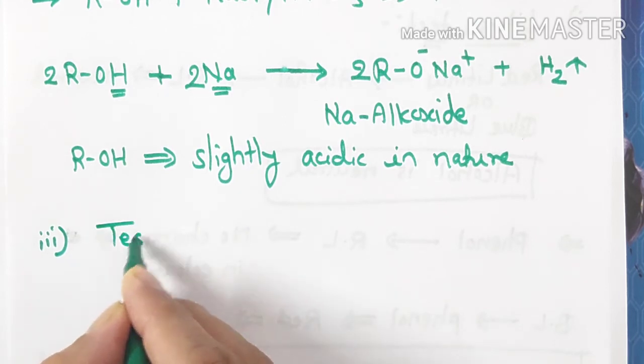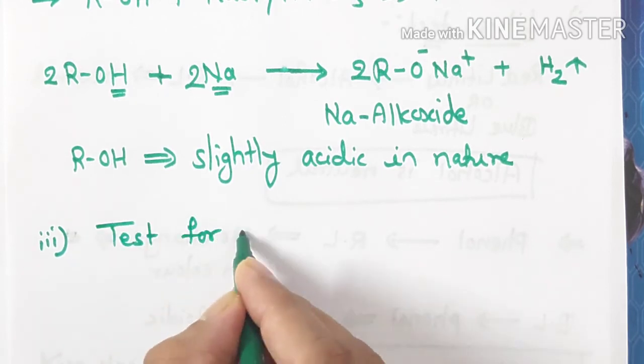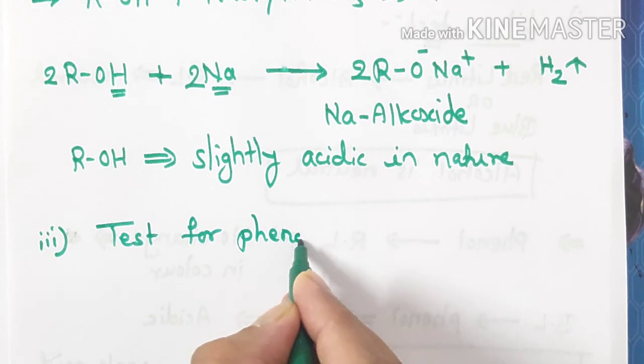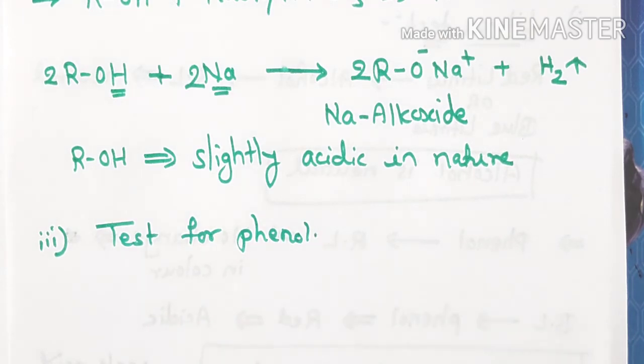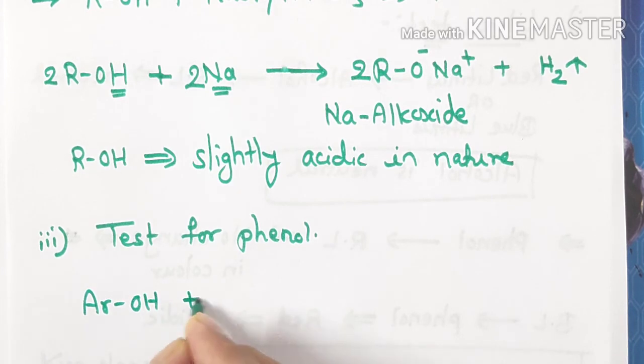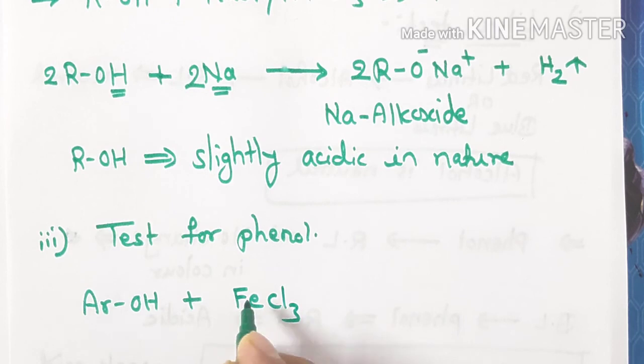Suppose I take phenol, I show it like this, and I treat this with neutral ferric chloride. When I say ferric, FeCl3, Fe is plus 3 charge.